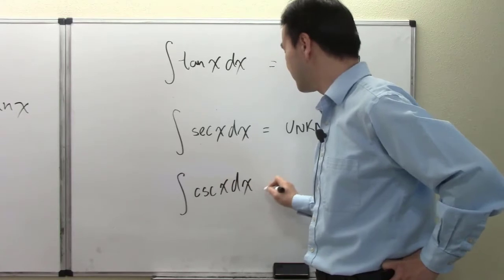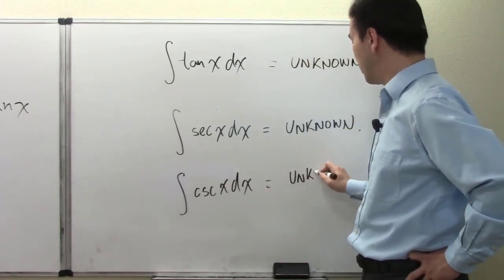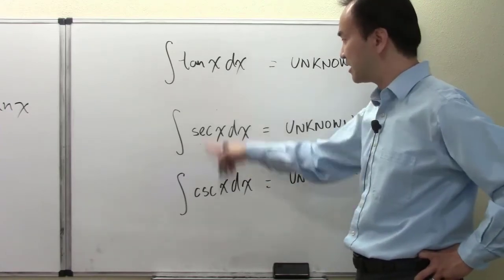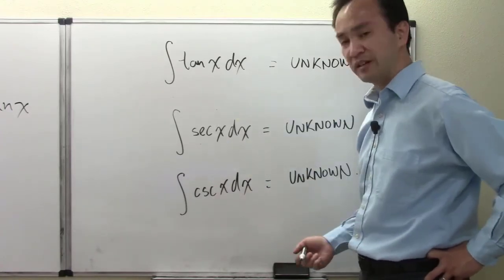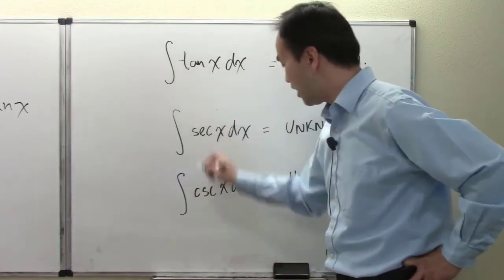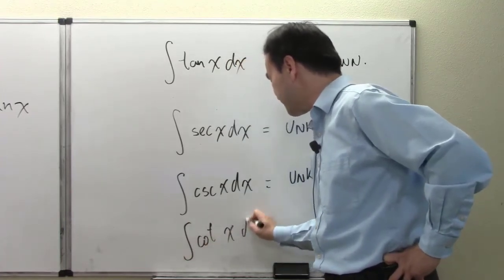This is also right now at this moment unknown. And later on in our learning time together, we will learn the technique to find the actual antiderivatives for these. I also forgot to mention, cotangent is another one.